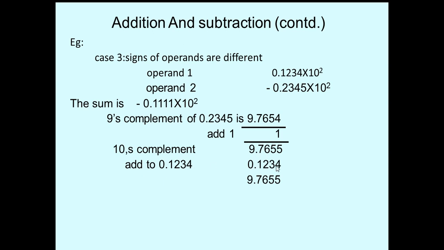So after the addition operation, 5 plus 4 is 9, 5 plus 3 is 8, 6 plus 2 is 8, 7 plus 1 is 8, and then 9 plus 0 is 9.